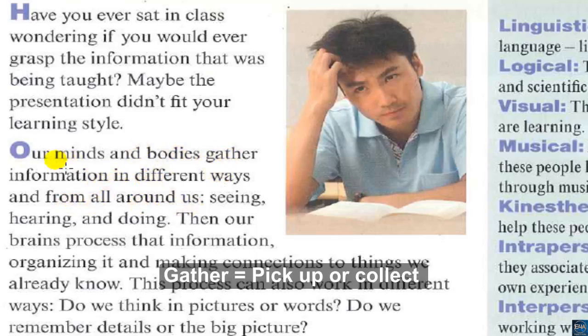Our minds and bodies gather information, collect information in different ways and from all around us. By what? Seeing, you see something. Hearing, by listening, by using your ears. And doing, when you do something, you touch it.